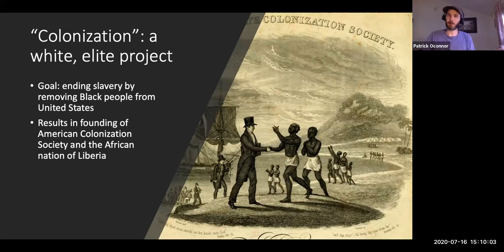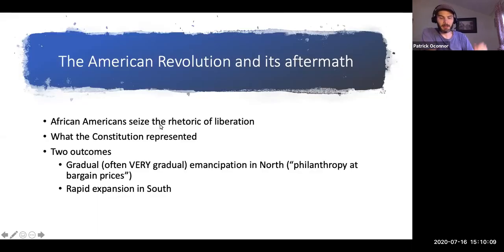So to sum up this first transformation, during and immediately after the Revolution, we have the abolition of slavery in some states, we have gradual emancipation in others, we have rising population of free African Americans throughout the North and in some southern regions. So let's move to the second transformation, which was the rapid expansion of slavery in the South and the West.